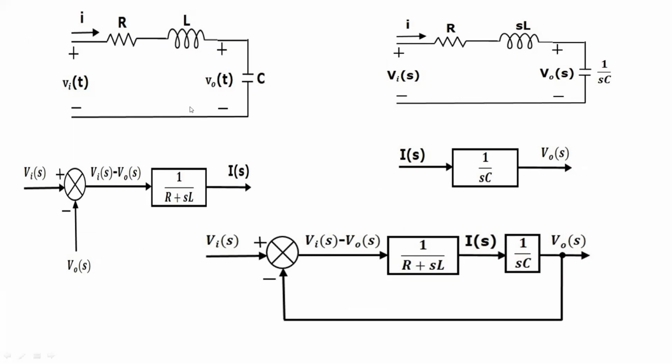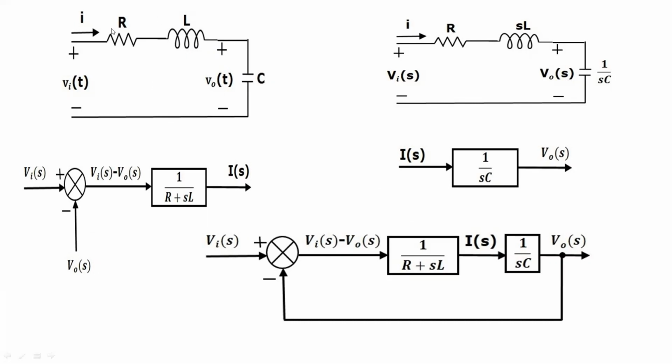I of t is the current passing through the circuit, and this circuit is in the time domain. By applying the Laplace transform to this circuit, we get the circuit in the S domain, with the same current, Vi of S as the input, and V naught of S as the output.